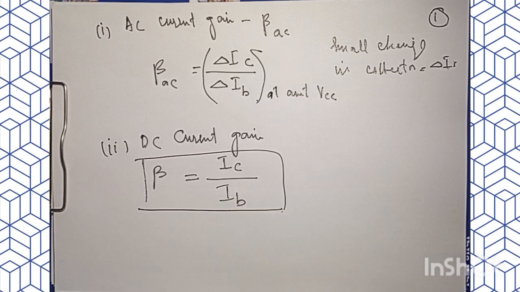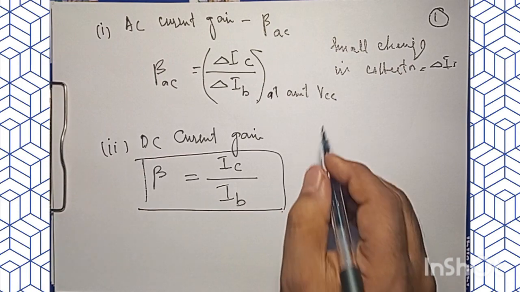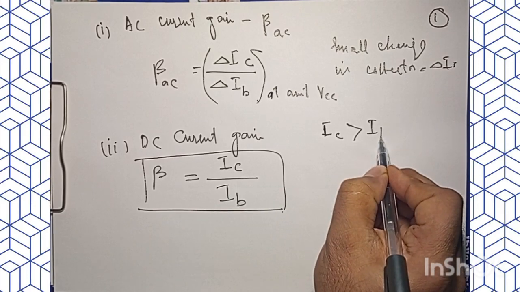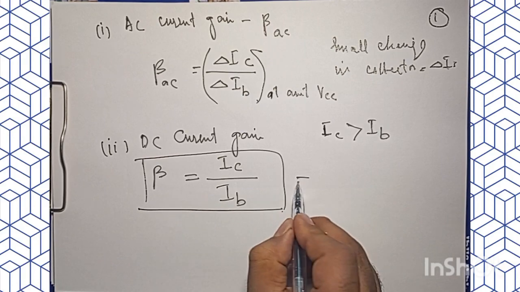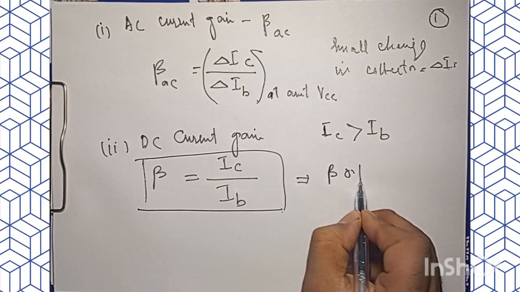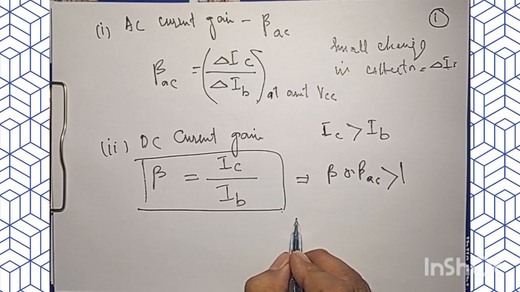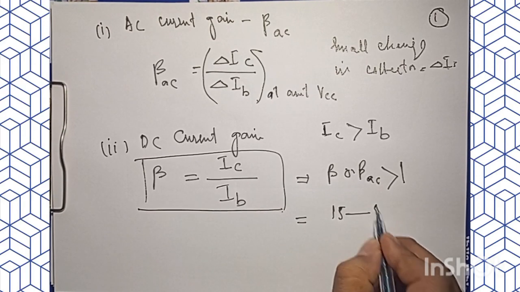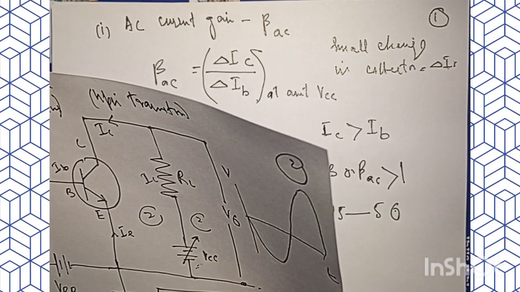Now we can understand that IC is certainly greater than IB. If IC is greater than IB, that implies beta DC or beta AC are greater than 1, and the typical value lies between 15 to 50. So this is our current gain for the common emitter configuration of the transistor.